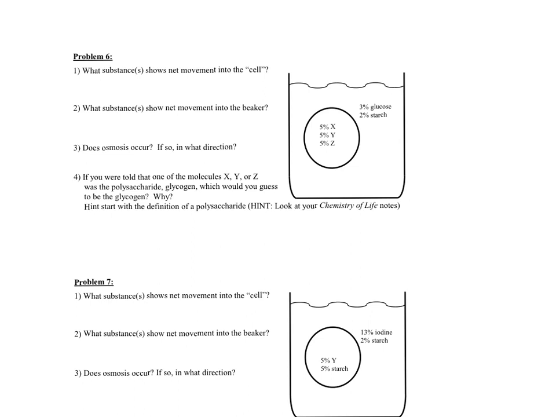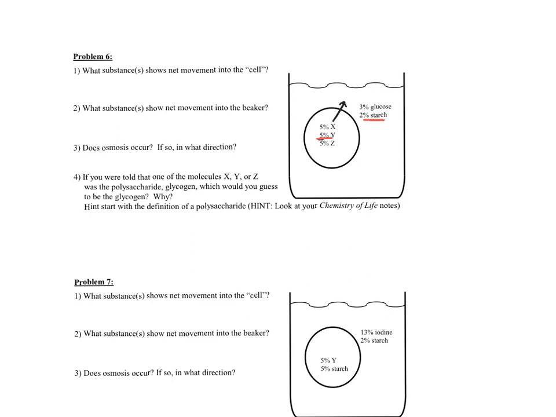What do we know about X and Y? Or X, which one passes by? Does anybody remember? X and Z go past the membrane, Y does not, right? So Y is going to stay there. Starch does not. So I'm going to put a little red line underneath the ones that are not going to move. All the others move, right? So that makes my life easy. And X is going to move in which direction?